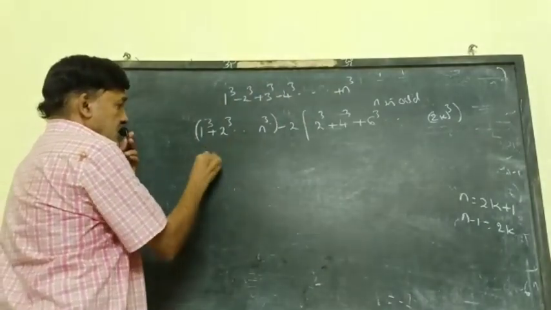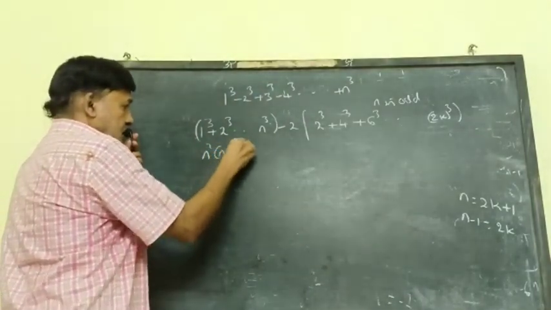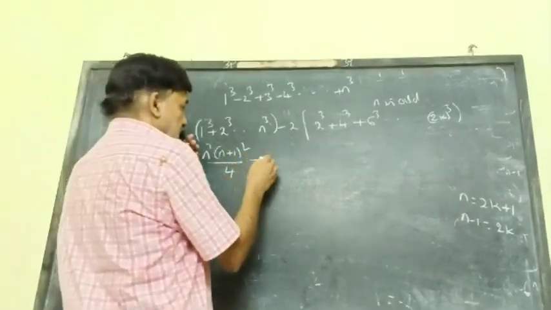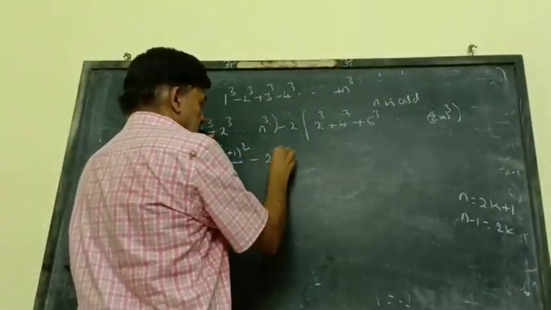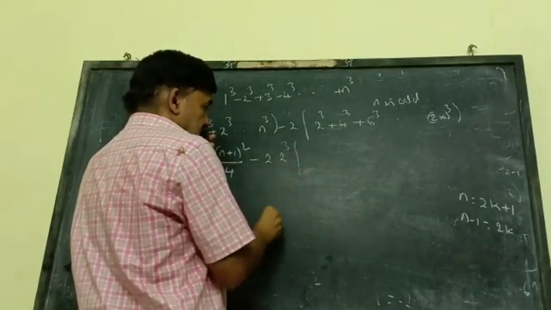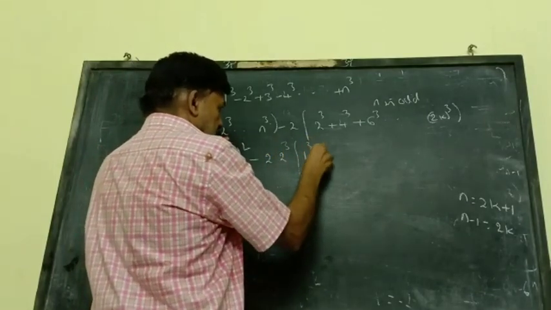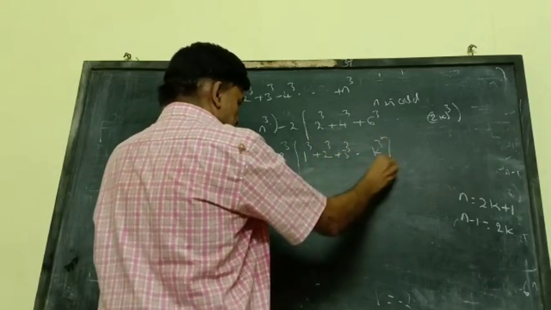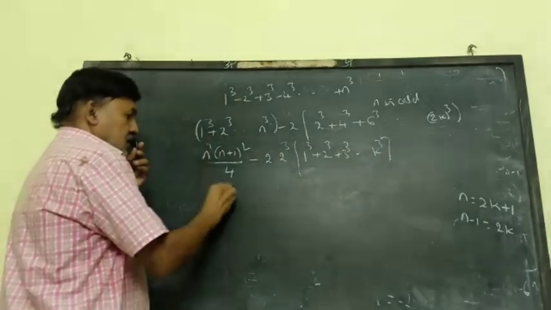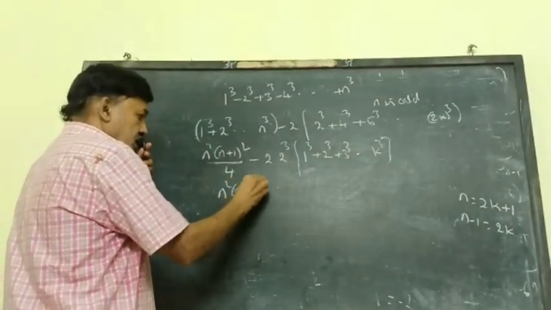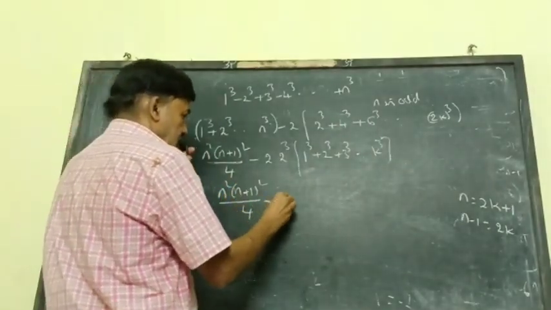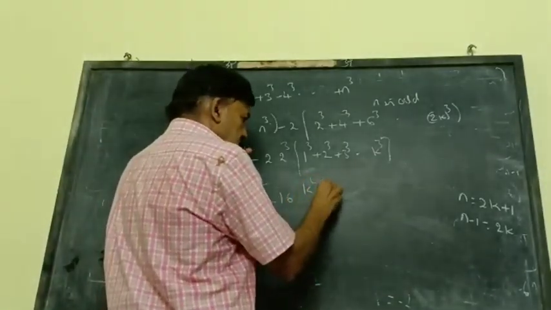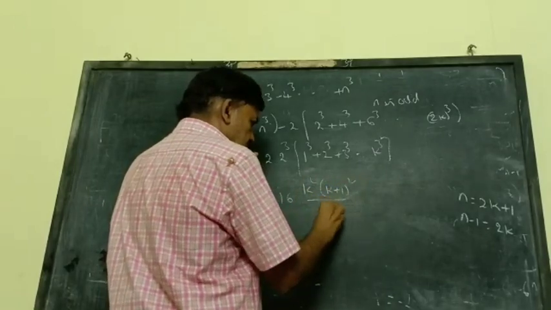So this is n square into n plus 1 whole square by 4, minus 2 into, you take out 2 cube outside. 1 cube, 2 cube, 3 cube up to k cube you will get. So n square into n plus 1 whole square by 4 minus 16 into k square into k plus 1 whole square by 4.